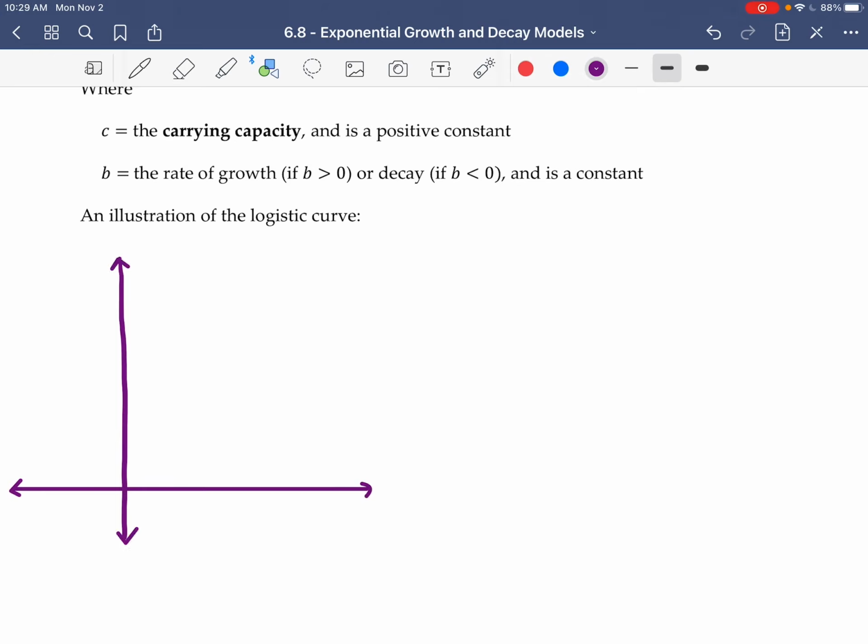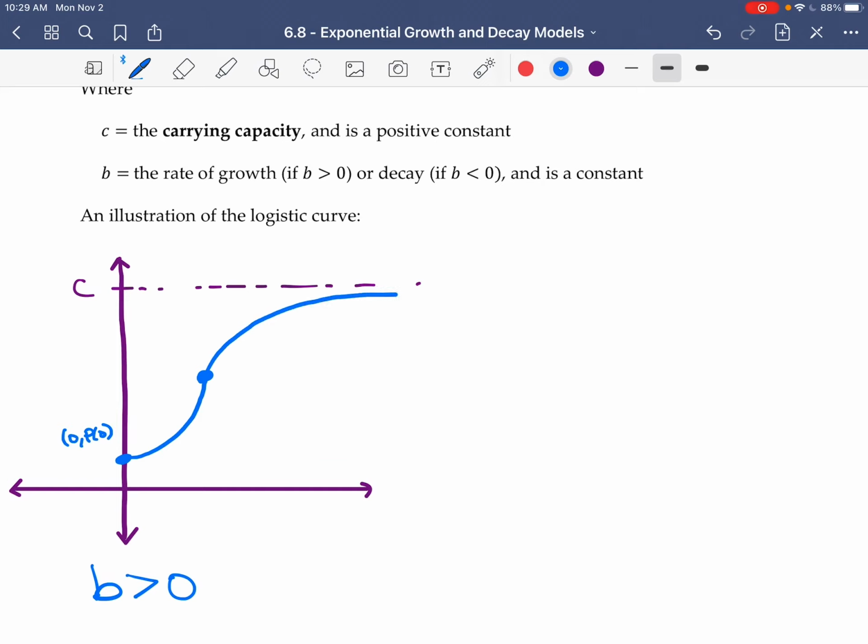If we had a B that is positive, we have the carrying capacity at some amount, and there's some initial population, let's say P of 0. It's going to grow quickly. At some point it starts to slow down, and then it approaches the carrying capacity.